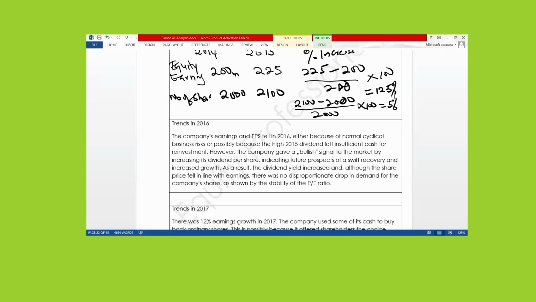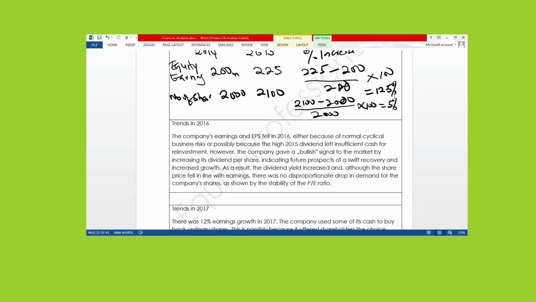The company gave a bullish signal to the market. When you are experiencing a fall in earnings, you are still paying more dividend to shareholders. What you are doing is what we call a bullish signal to the market by increasing its dividend per share. What you are trying to say is that the fact that my earnings is falling does not mean that this company has a problem. We can still pay you more dividends.